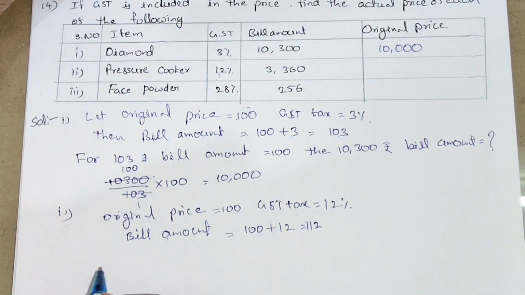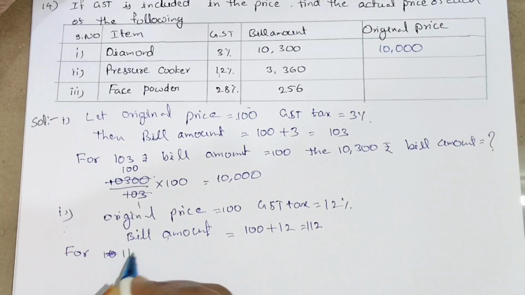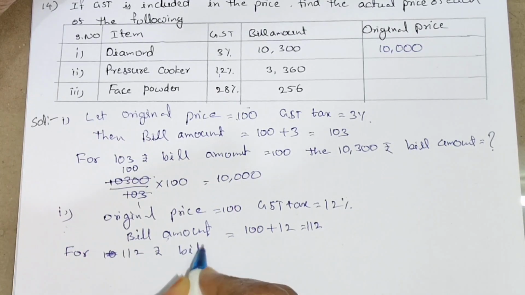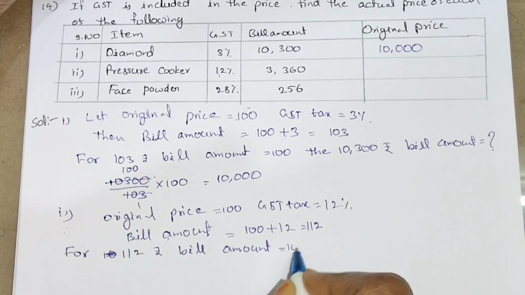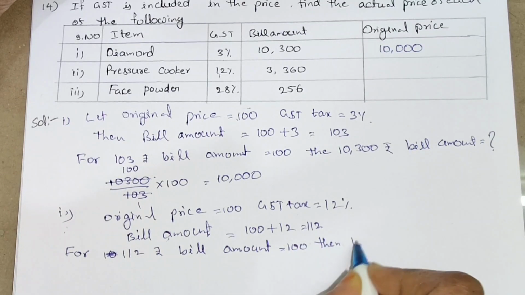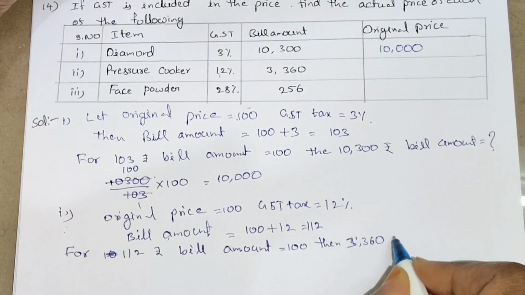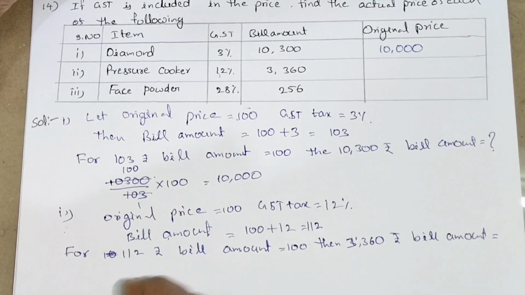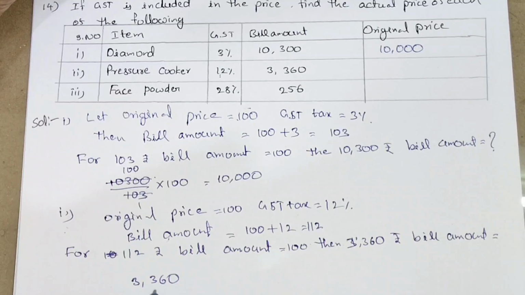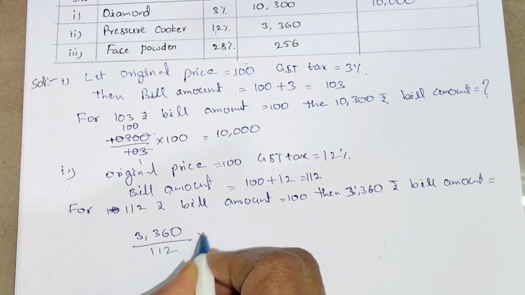So for a 112 rupees bill, the original price is 100 rupees. Then for the 3,360 rupees bill amount, it is 3,360 by 112 into 100.